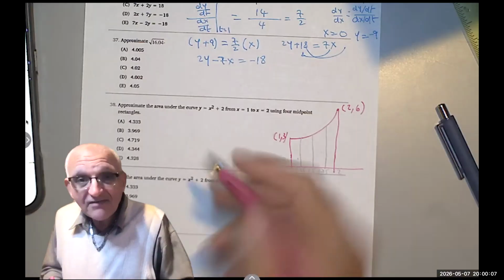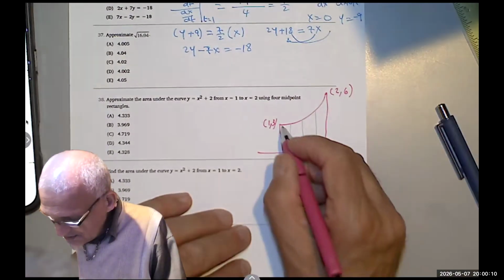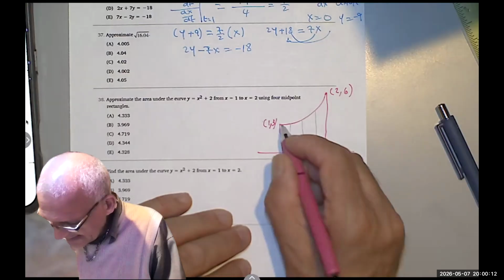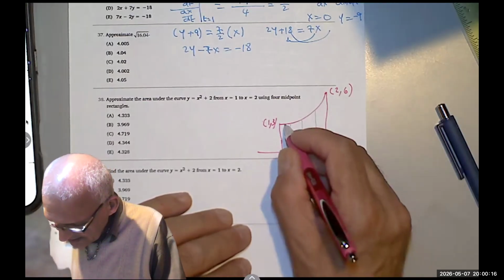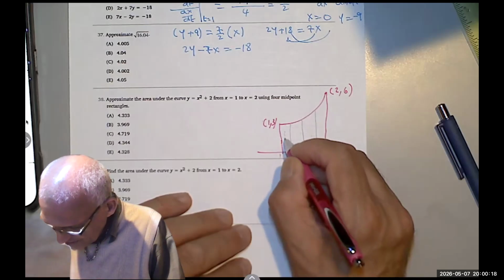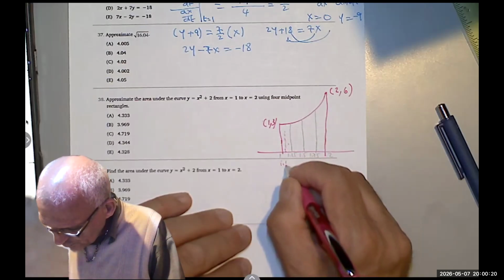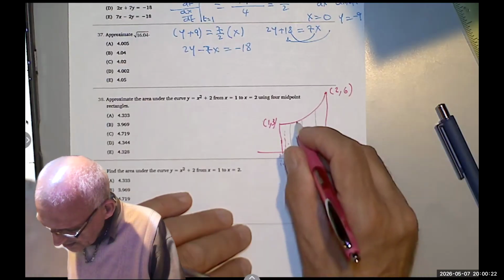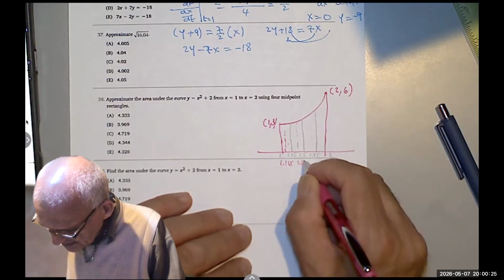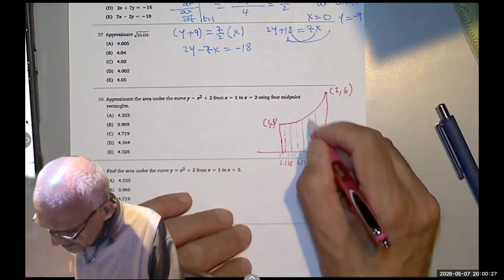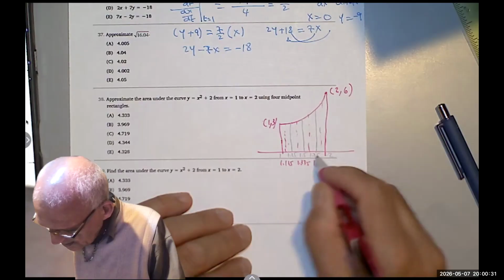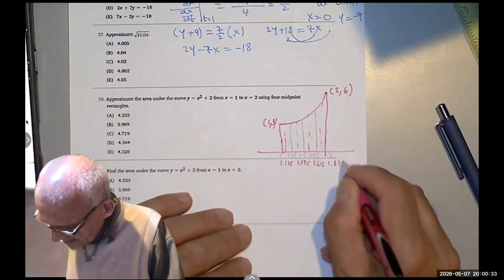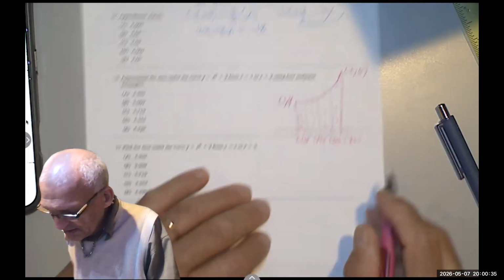And usually when you have a rectangle, you are going to assume that the height is the height of the midpoint, right? Which is 1.125, 1.375, 1.625, and 1.875. You can average those with the calculator.